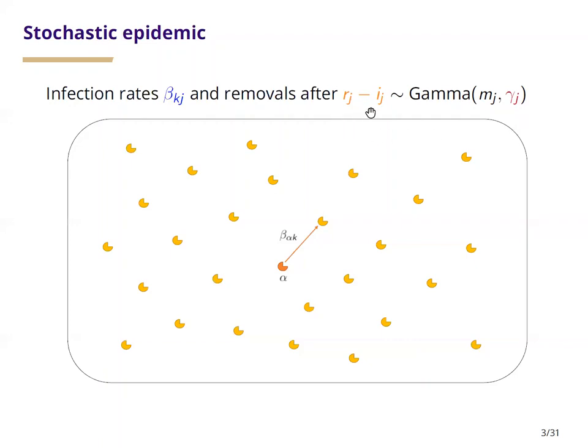Throughout, I'll try to use the time variables in the orange font, and in a purple font, the removal rates. This first picture is describing alpha, a patient 0, that is trying to infect the initially susceptible population.